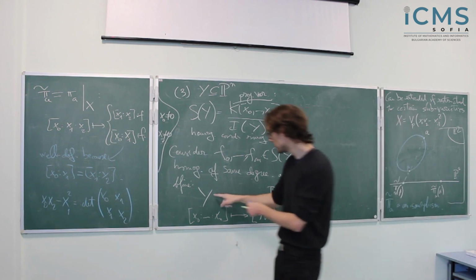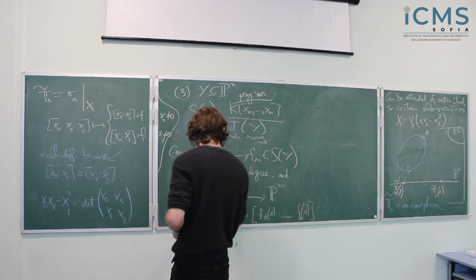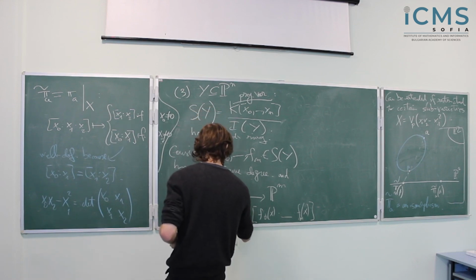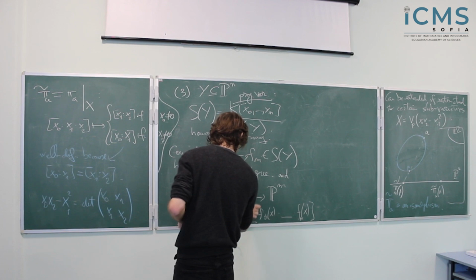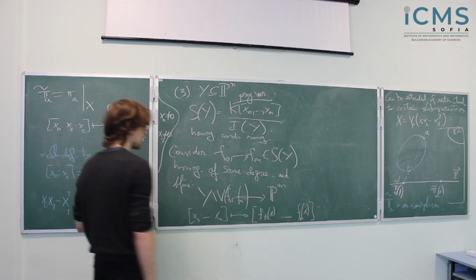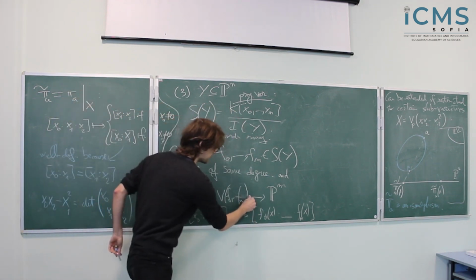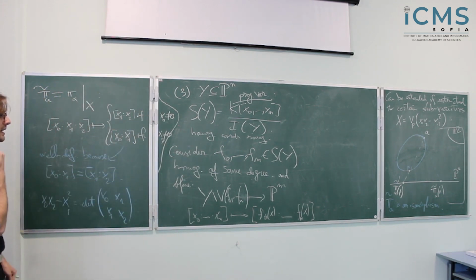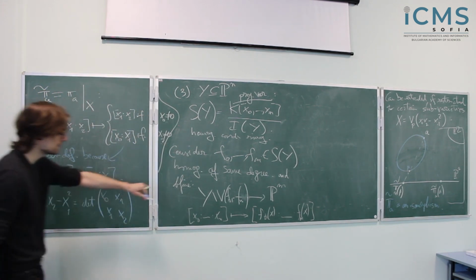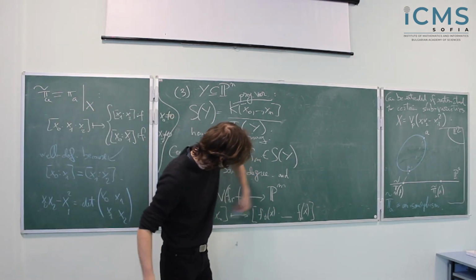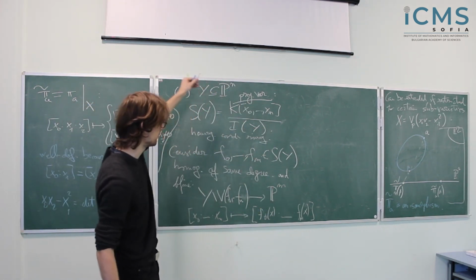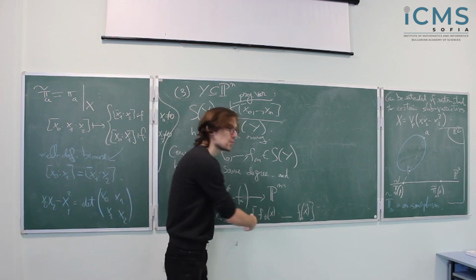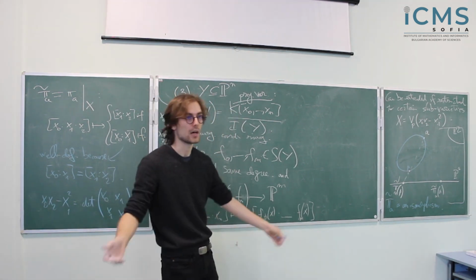So I need to get rid of the common zero locus of the fi. This is the generalization of the projection, where the fi were simply the coordinates x1 up to xn.